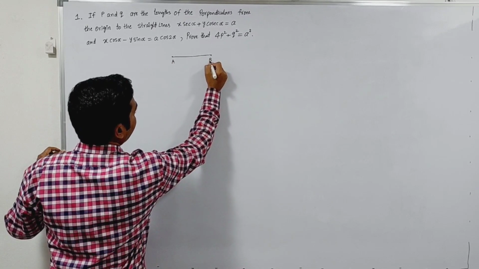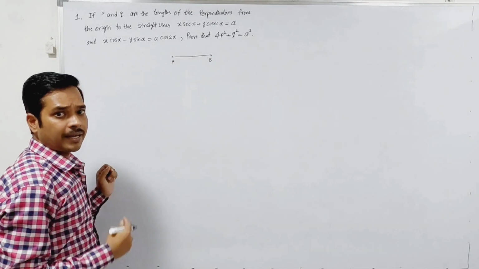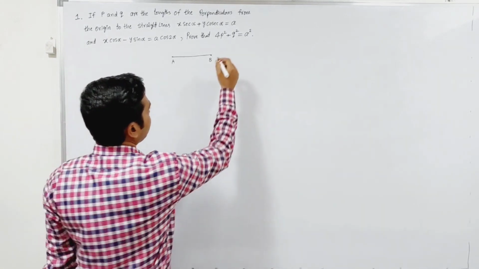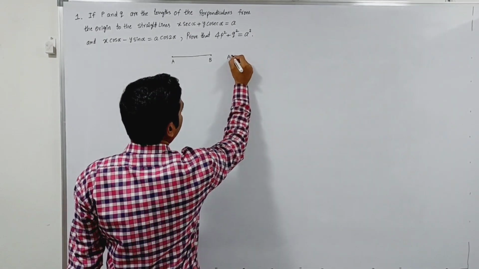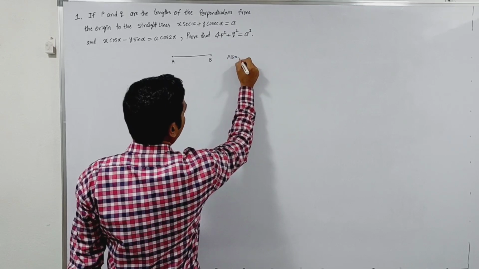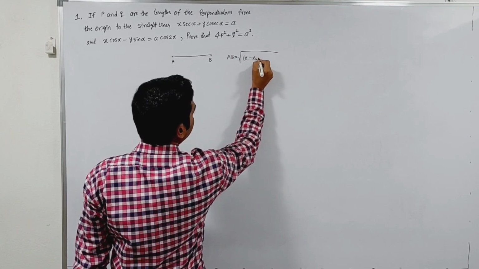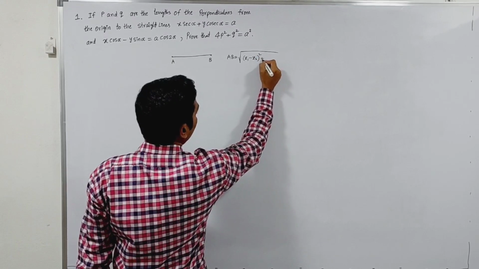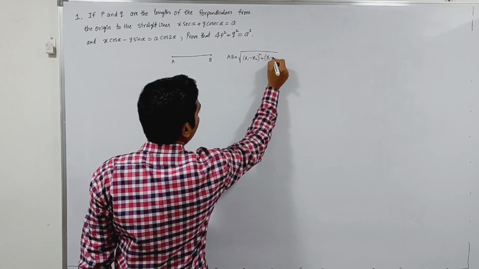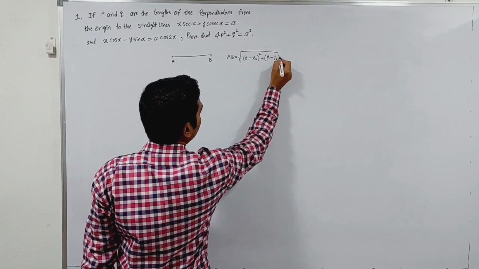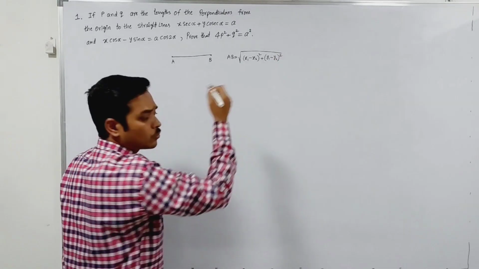For example, A(x1, y1) is the first point, B(x2, y2) is the second point. In that case, distance AB is equal to under root of (x1 minus x2) whole square plus (y1 minus y2) whole square. This is the distance between 2 points.